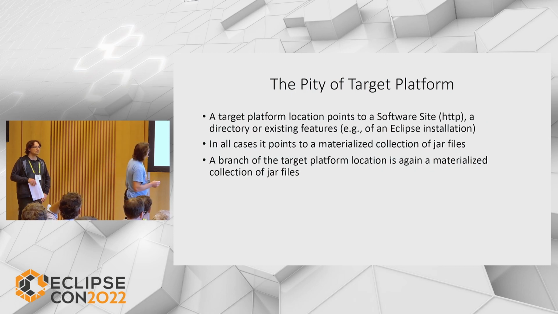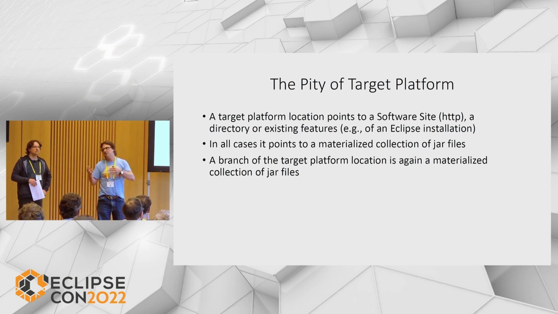So, what I personally do not like so much, to be polite, is that the target platform is, in the end, a collection of jar files, and the pity is that these jar files are materialized. They actually reside somewhere, and that's your update site. The same goes for a branch from this update site.